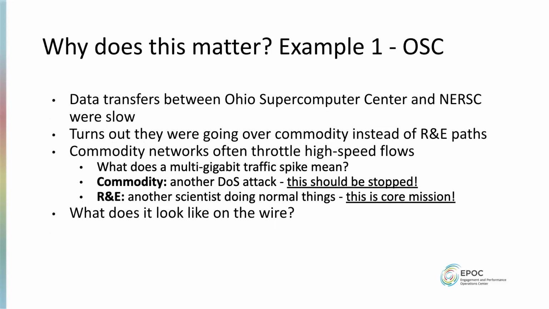Here's an example from some troubleshooting work that we did a couple years ago. Somebody was banging their head on a performance problem. We've all seen this. They were trying to move some data between the Ohio Supercomputer Center and NERSC. And it's like, okay, this is slow. Let's figure this out. Do some traceroutes. Okay, you're going over commodity instead of R&E.